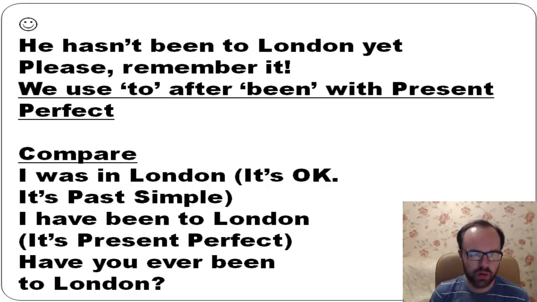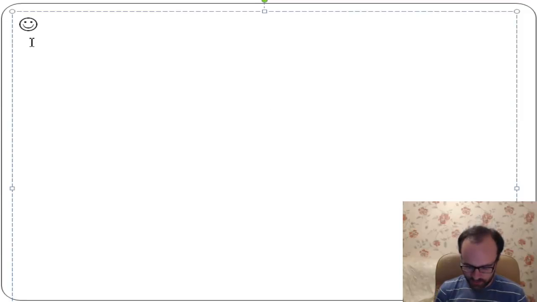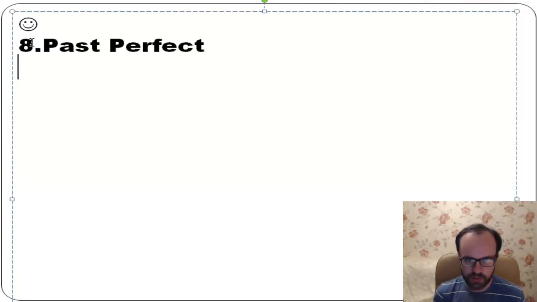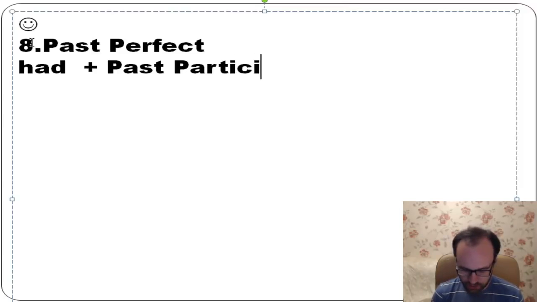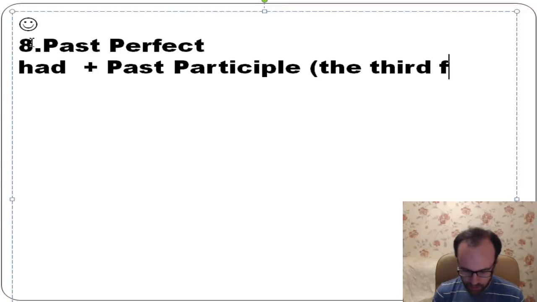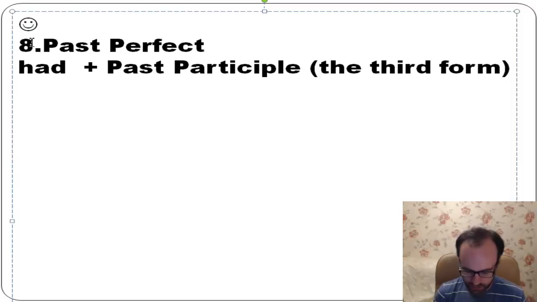Well, so next. What is next? So tense number 8, it's past perfect. How do we form it? Had plus past participle, or the third form.